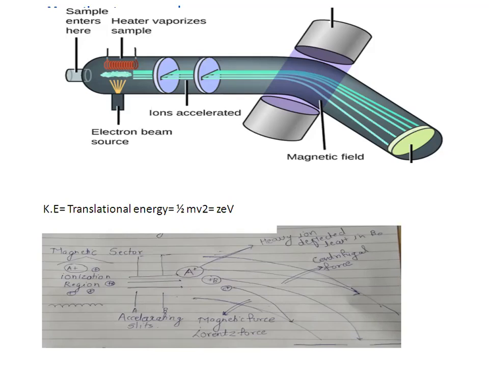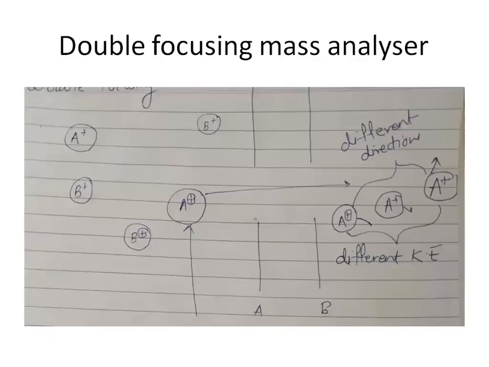We have the second kind of instrument, which is called a double focusing mass analyzer. This double focusing mass analyzer uses a combination of the magnetic sector, as we have seen in the first case, the single focusing mass analyzer. In addition to that, we use an electrostatic analyzer.